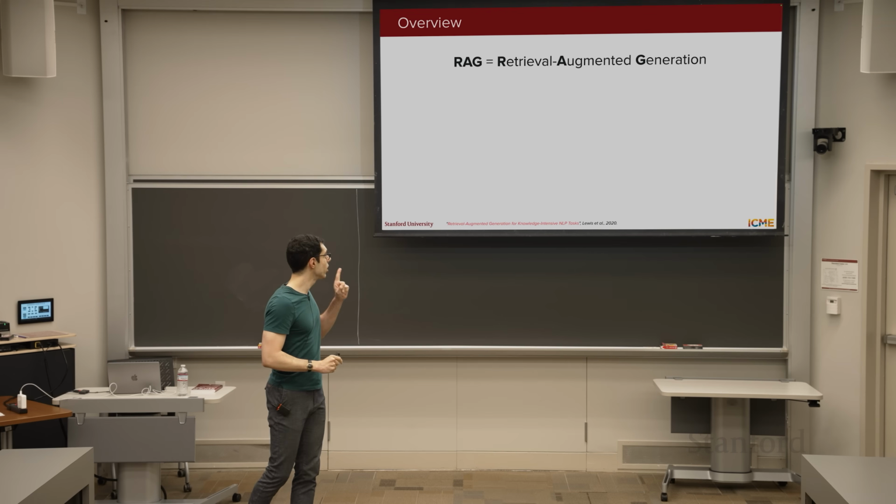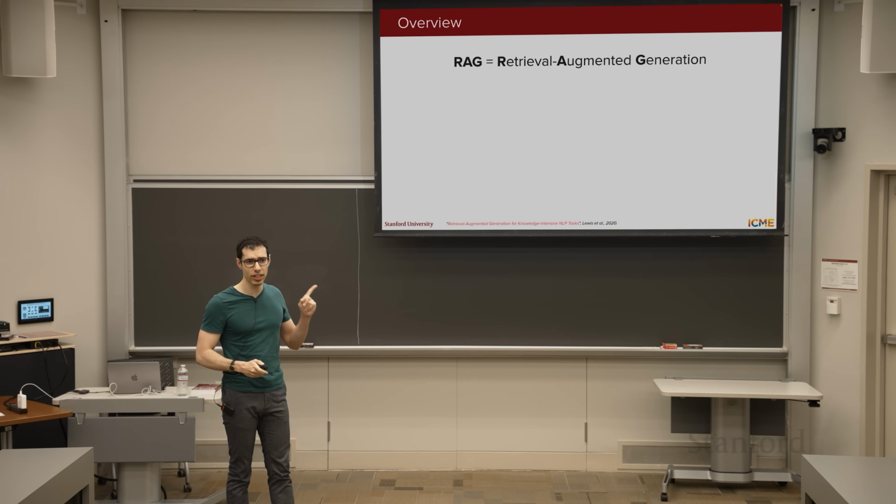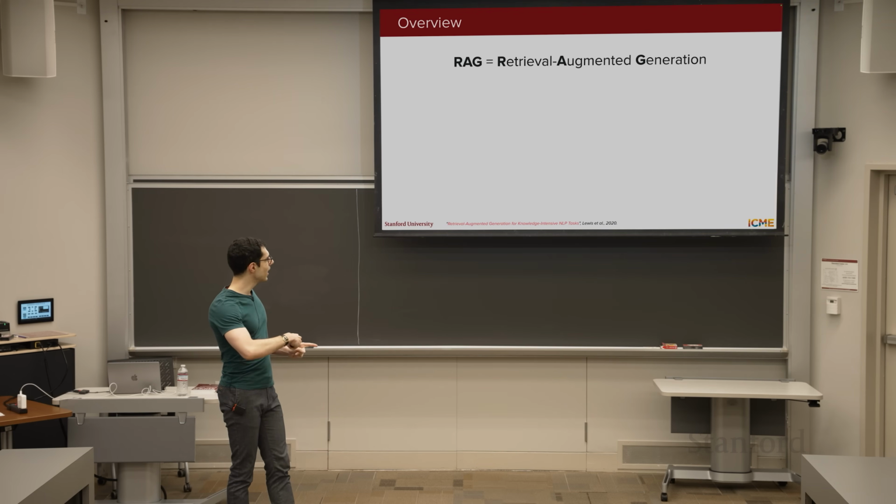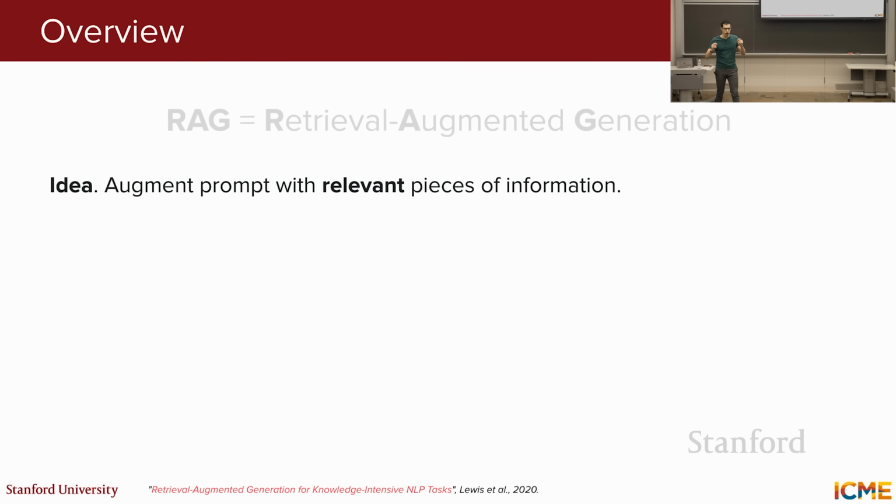RAG stands for retrieval-augmented generation. The idea here is to augment the prompt with relevant information, and here I put relevant in bold. This is the core part of this technique: how can we get only the relevant part in the prompt. We will see that in a second.